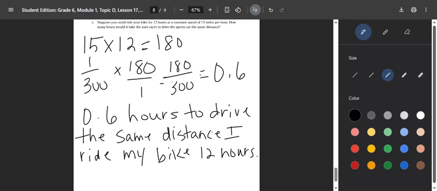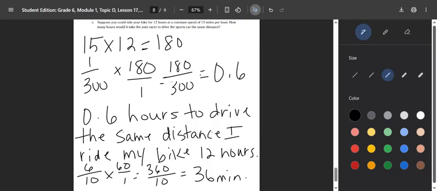So 6/10 times 60 is 360 over 10, which is 36 minutes. So it takes you 12 hours to go the same distance it takes the racer, the auto racer, to go 36 minutes.